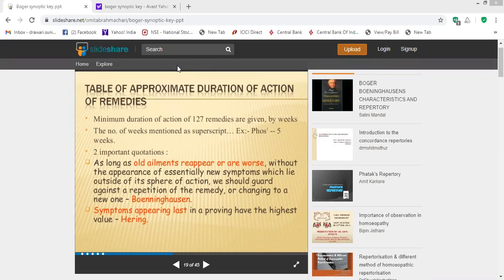So these are the important things we have to remember while prescribing or selecting our similimum.